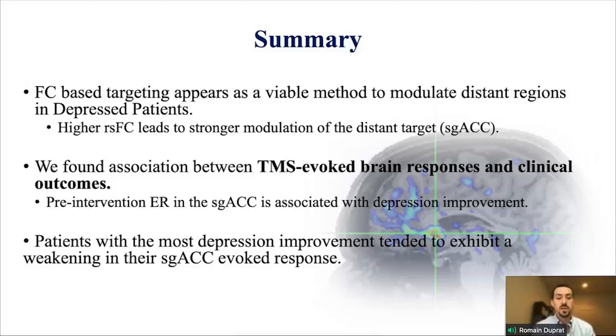We also found that the pre-intervention evoked response in the subgenual was associated with depression improvement, and that's, I think, very interesting in the sense that maybe we will be able to use single pulses in MRI to assess whether a new target will be efficient in treating depression before going on with treatment.